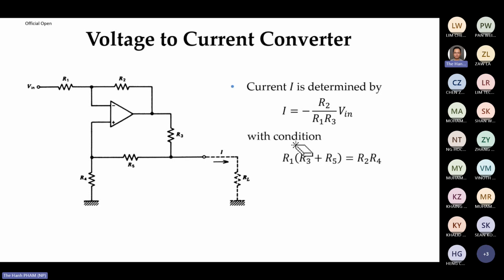So if you satisfy this condition, then the current is here. So we can convert from V into I. Right, so this is one example. You don't have to memorize this. If this one appears, the formula must be given. Just a simple example.